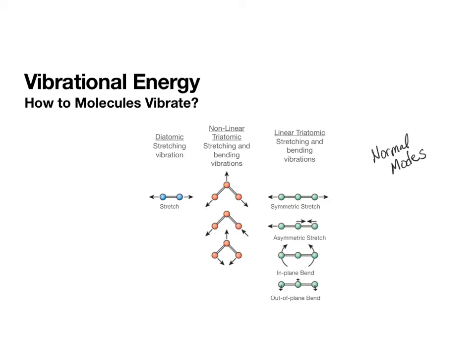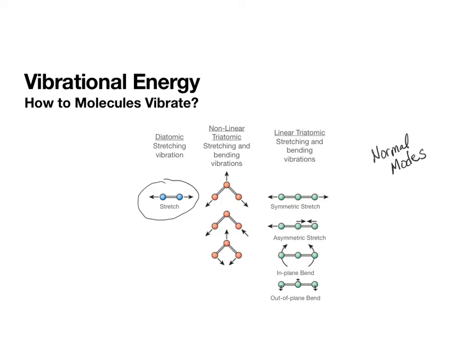So diatomic molecules, the only normal mode that they have are stretches. We've got two atoms attached by a spring or a bond, and all they can do is stretch. There's nothing in the middle to allow them to bend.